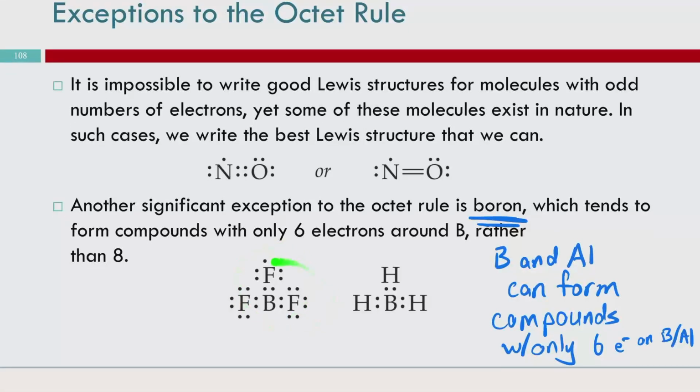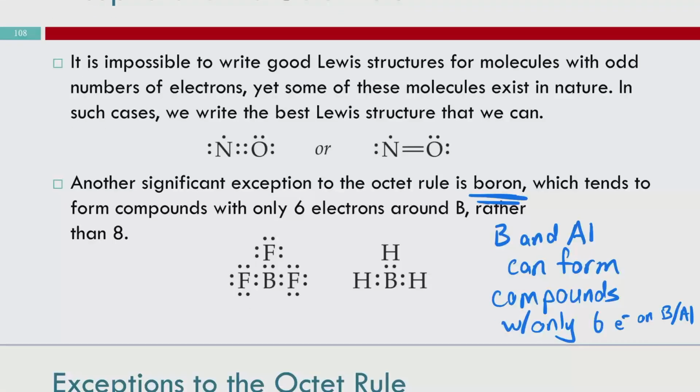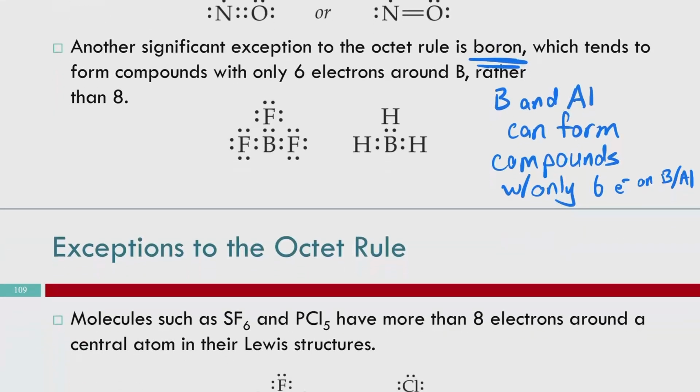So for example, boron trifluoride, boron and 3 fluorines, or boron trihydride. The boron has 2, 4, 6 electrons. It does not have a full octet. It is actually happy with just 6 electrons in its valence shell. Aluminum can also do that sometimes.